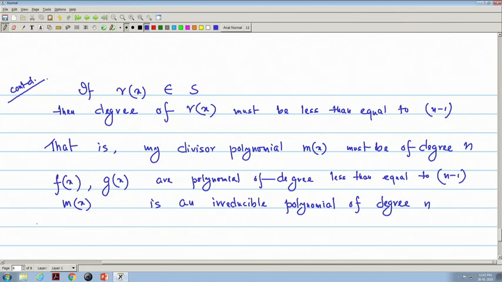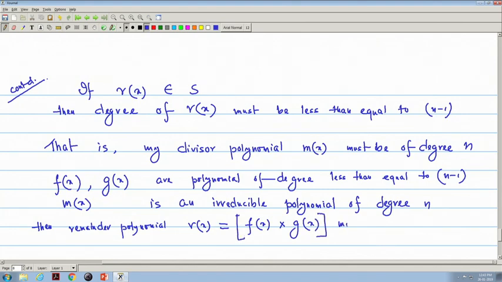Then R(x), the remainder polynomial, equals f(x) into g(x) modulo m(x). That means, if it is the remainder, I can take modulo m(x).